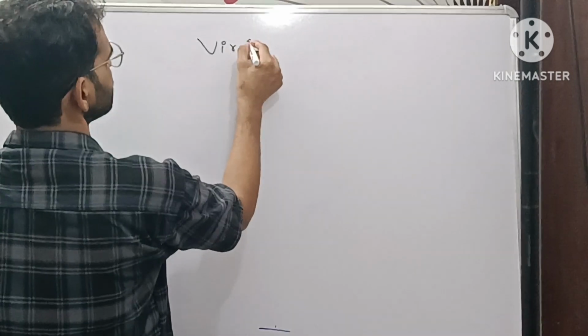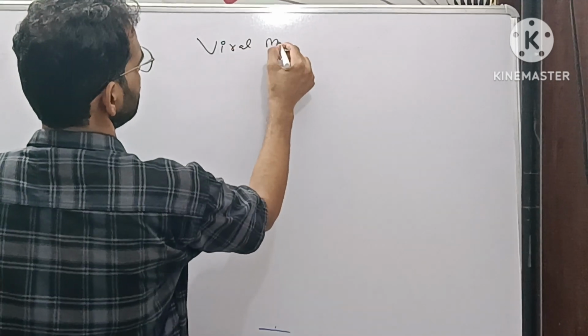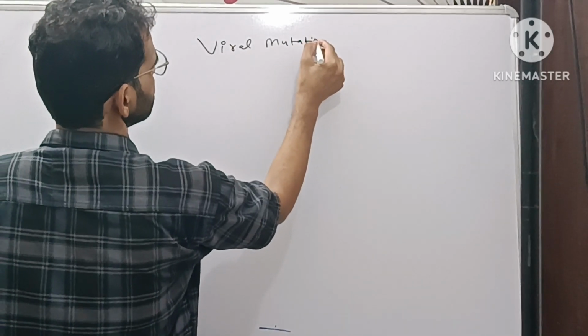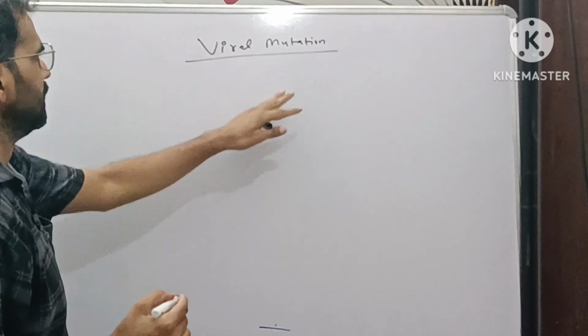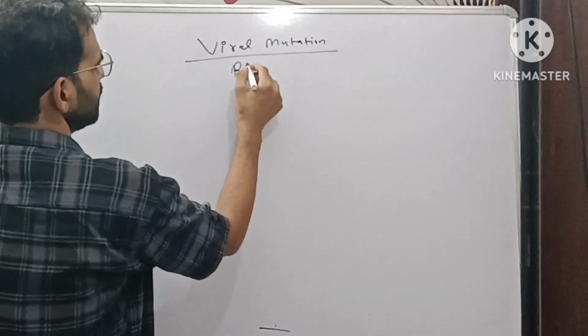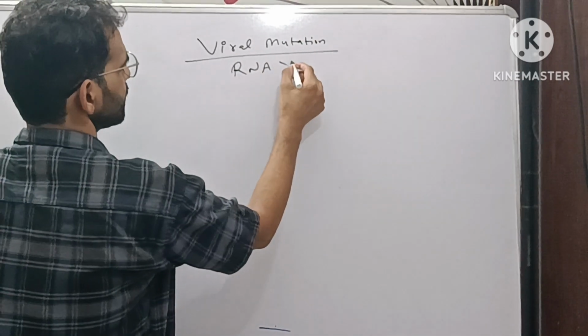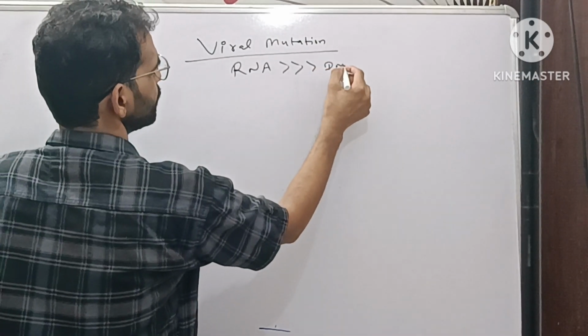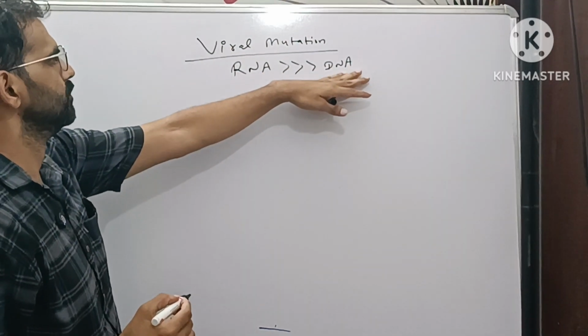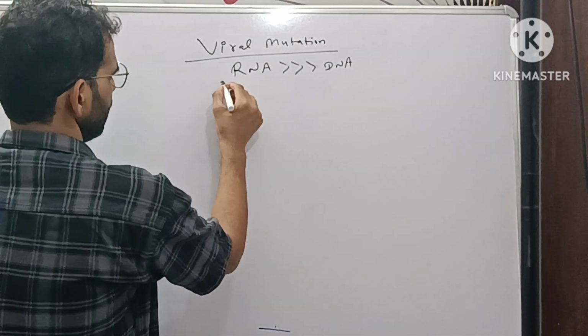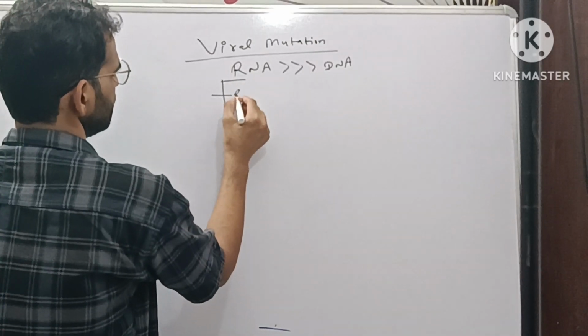So our next topic is viral mutations. As you know, RNA viruses are unstable, and they mutate at a faster rate as compared to DNA viruses. Why does this happen?